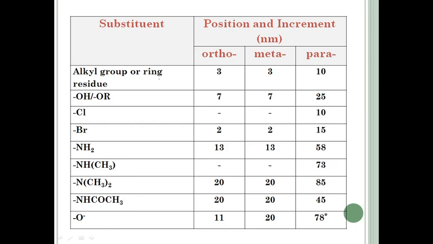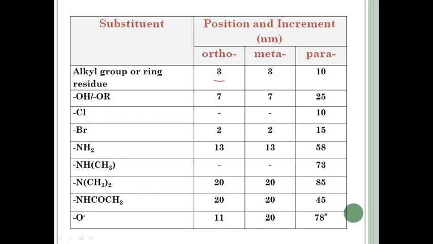If an alkyl group is situated ortho to the parent system, that means an aromatic ketone, aromatic aldehyde, or aromatic carboxylic acid or ester is the parent system, for that particular parent system, if the substituent, particularly an alkyl group, is at the ortho position, you have to give a 3 nanometer increment.